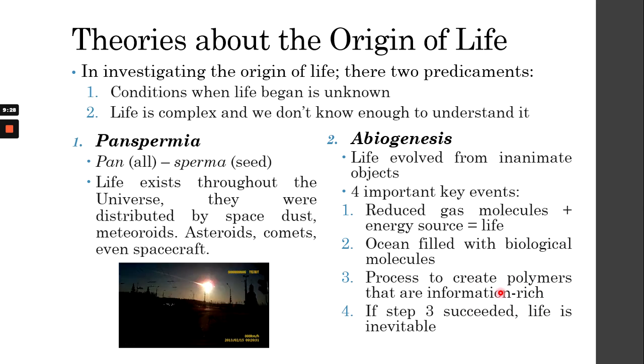Because if we manage to create these important polymers, these amino acids that code for our existence, our DNA per se, then if step 3 succeeded, it is inevitable for life to exist, meaning eventually somewhere in time life will exist if these polymers are present. So that's what abiogenesis is all about.